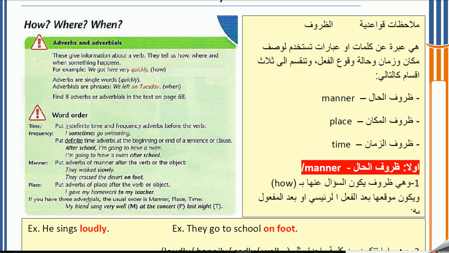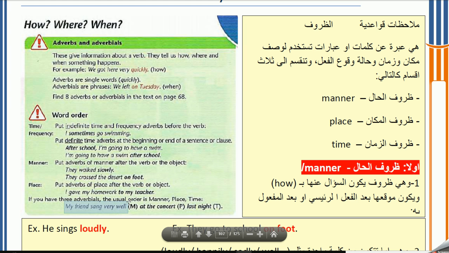So when you have three adverbials in a sentence, the usual order is manner, number one; number two, place; after that comes time. For example, my friend sang very well at the concert last night. This sentence has three adverbs: adverb of manner, adverb of place, adverb of time.